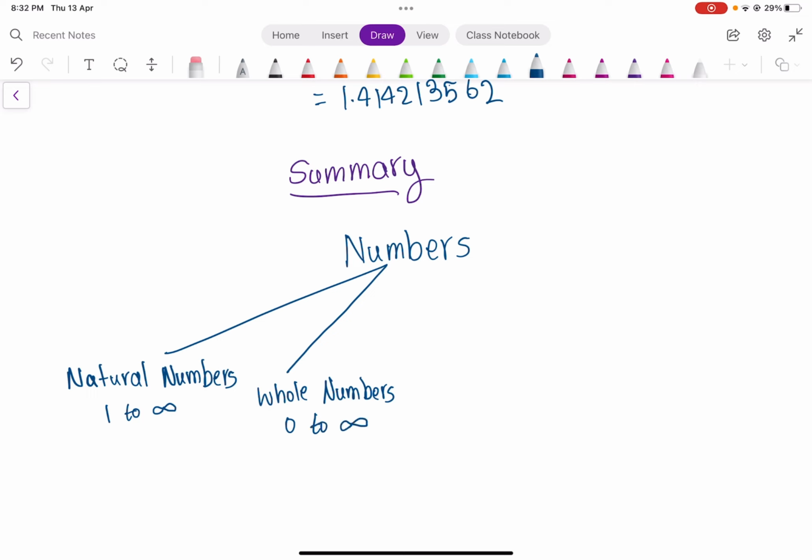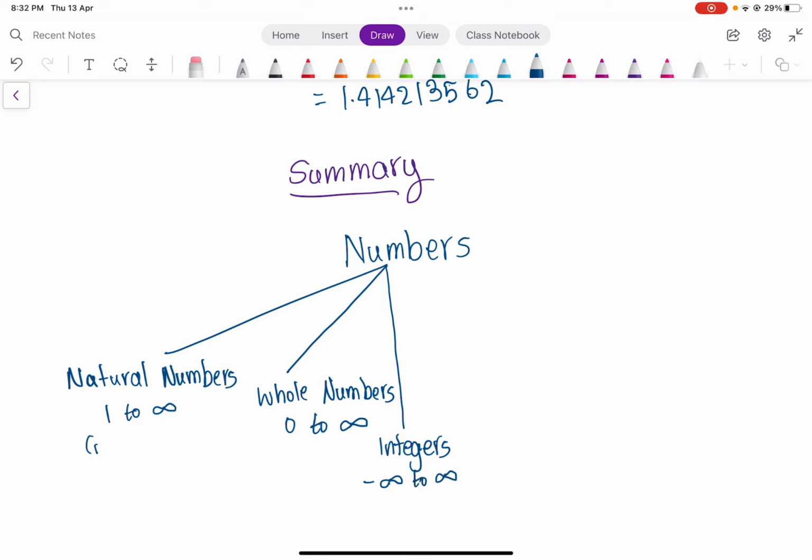Then we've talked about integers, which are numbers negative infinity to infinity.